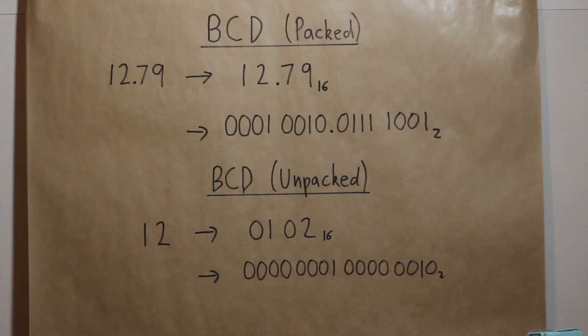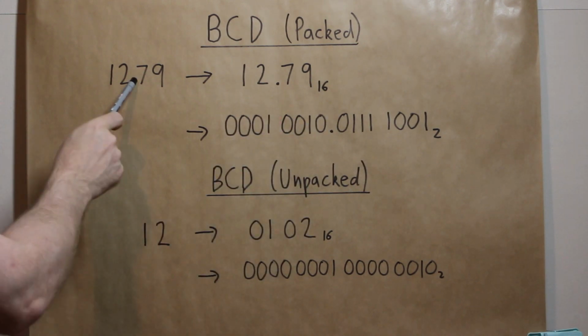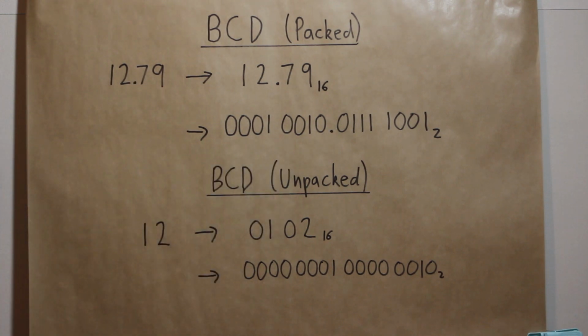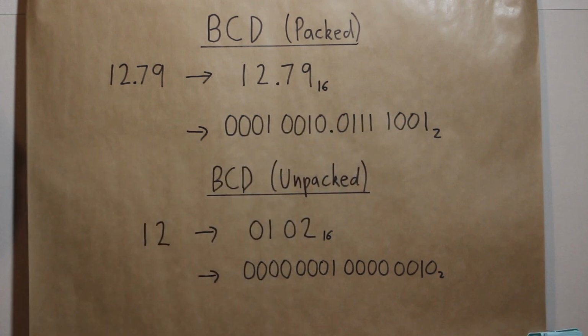So why would you do this? Well, it turns out that there are some values that are very difficult to represent exactly in binary. Just think for a moment about actual binary values, not binary coded decimal. When you have a binary point here, this would be a decimal point, so we call this a binary point, you have fractional powers of 2 on this side.